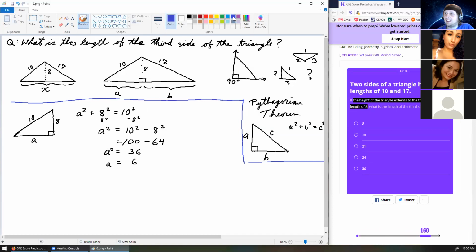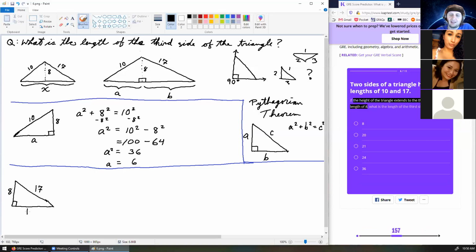Fantastic. We just need to do this one more time, right? So let's look at our other triangle. This is a perfectly drawn triangle, nothing kooky about that. Okay, so we're going to do the same thing. And I think Adelaide's already written out what this one looks like in the chat.